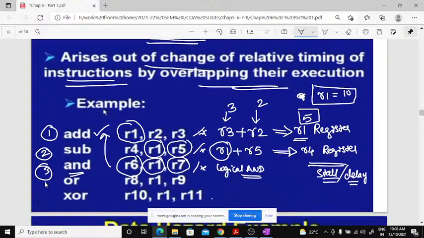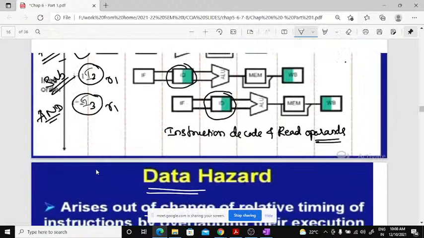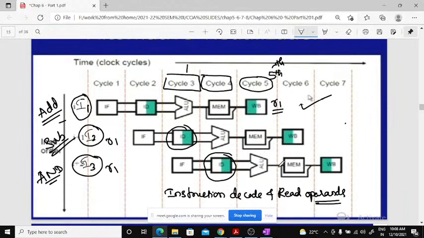Okay, OR operation R1 and R9, logical OR, so here also the fourth instruction depends upon the first instruction. Yeah, fourth instruction means OR instruction.